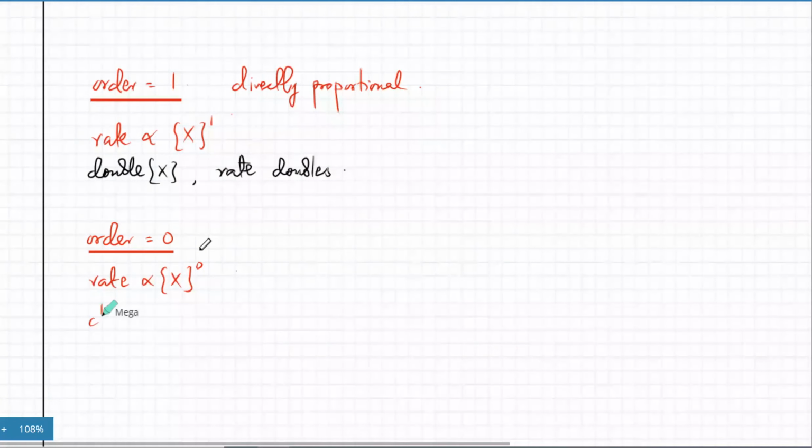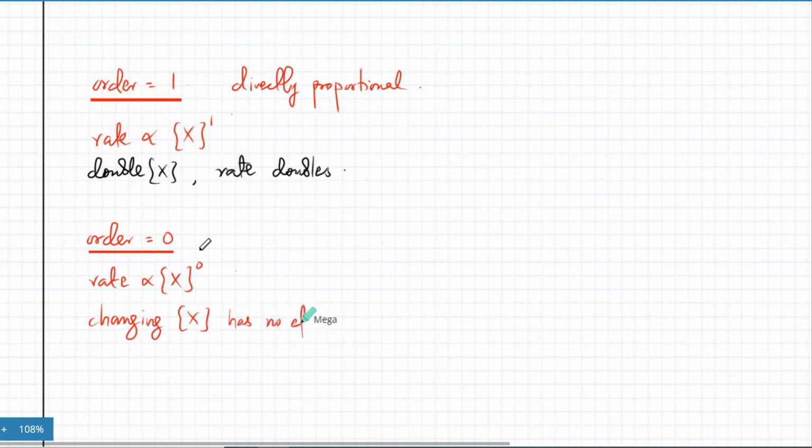So changing the concentration of X has no effect on rate. No matter what value you put for concentration, it's going to come out to be the same thing.